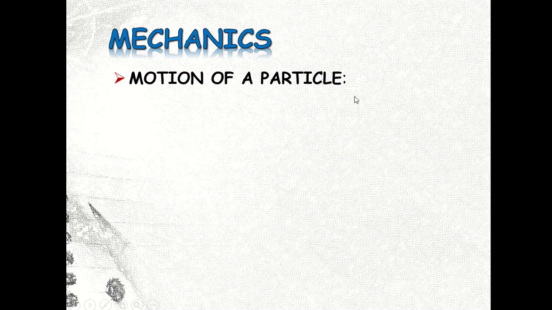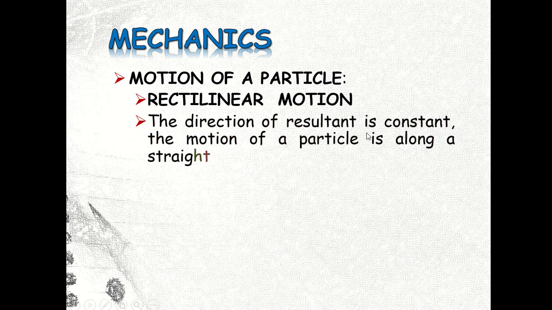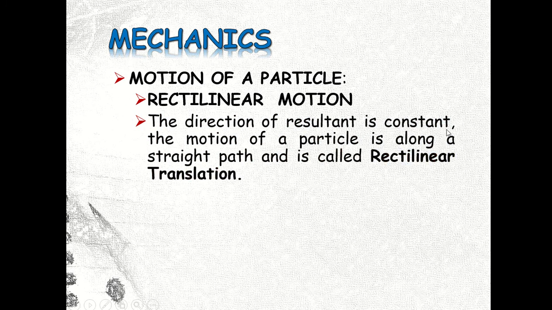Then we have motion of a particle. Then we have what we call rectilinear motion. So the direction of resultant is constant. So the motion of a particle is along a straight path and is called rectilinear translation. And we also have what we call curvilinear motion.